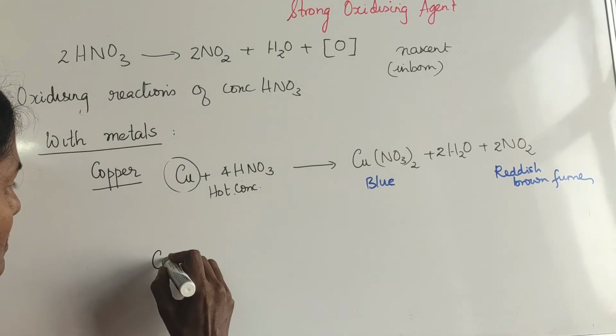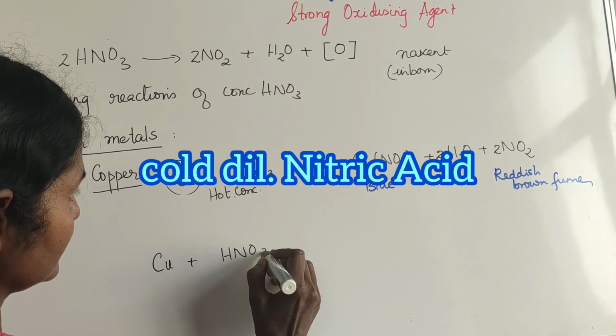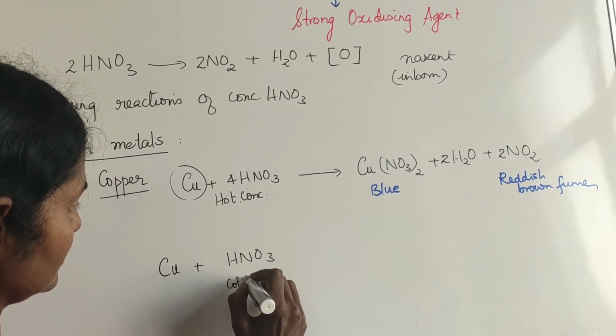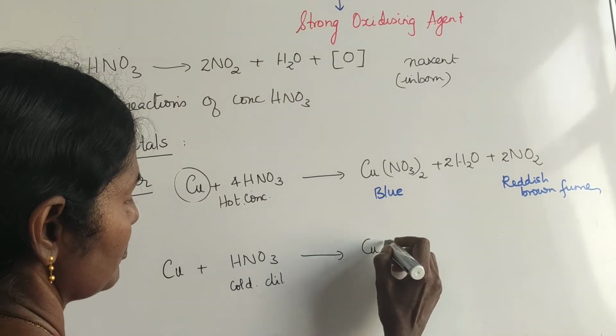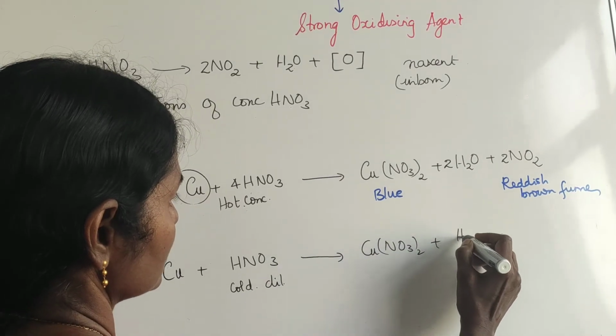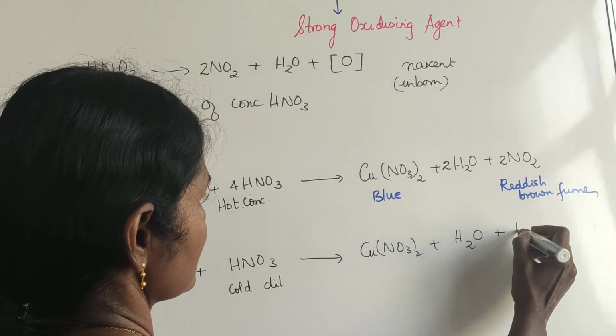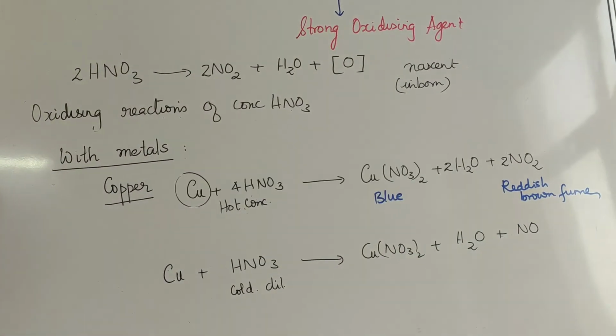Copper reacts with cold dilute nitric acid to give copper nitrate again and water, but this time it is nitric oxide in the place of nitrogen dioxide.